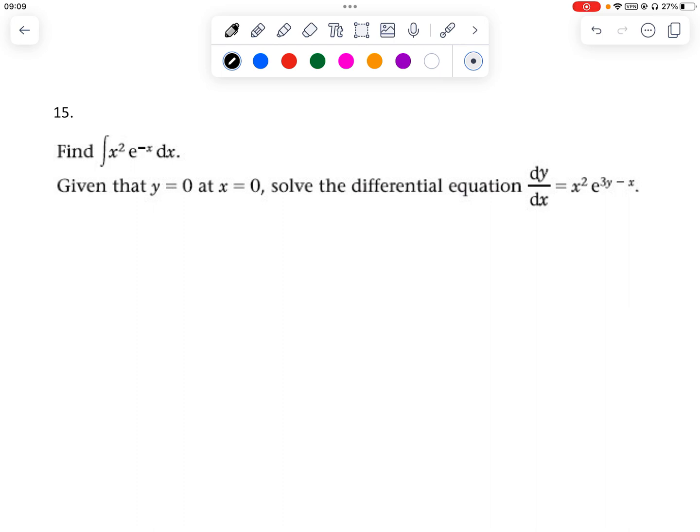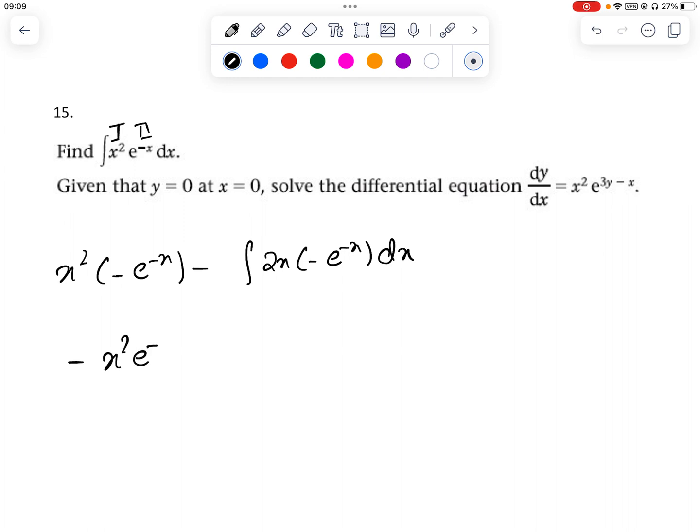So first of all, first function is x squared, second function is e power negative x. So first function, integral of second function, minus integral of derivative of first function, integral of second function. So what does that become? Minus x square e power negative x plus 2x e power negative x dx.